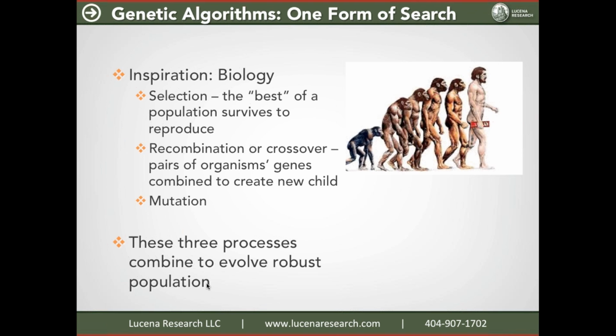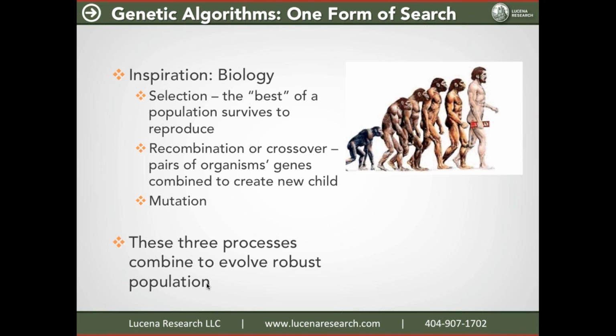Selection means that somehow we're able to choose the best of a certain population and allow them to go forward and influence the next generation. In the case of genetic algorithms, you can think of each individual in a population as a nugget, or some solution to one of our problems. So instead of live animals or whatever, it's a solution to a problem. So first, we have to have selection.